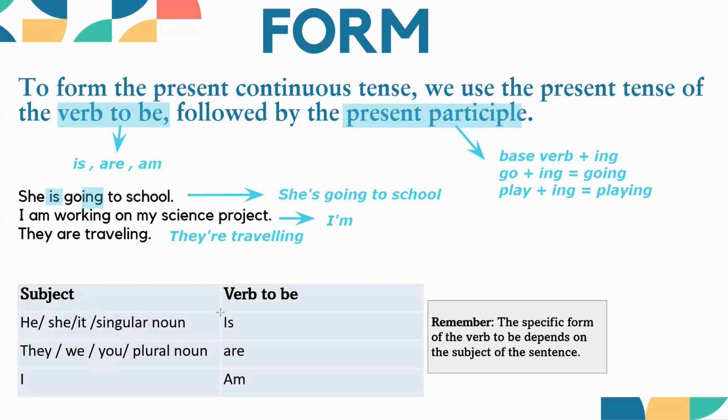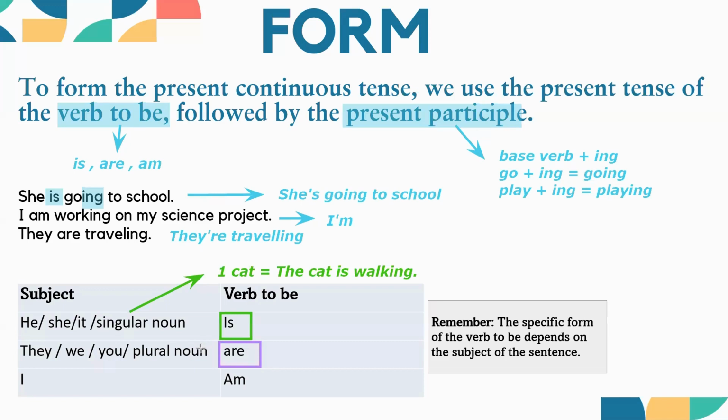Remember, the verb to be depends on your subject. So we use the verb to be is if our subjects are he, she, it, or a singular noun. So he is, she is, it is. And remember, singular just means one. So for example, if you have one cat, you would say the cat is walking. And we use the verb to be are if our subjects are they, we, you, or a plural noun.